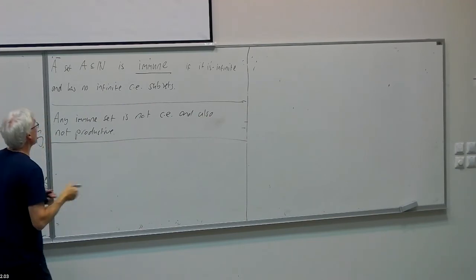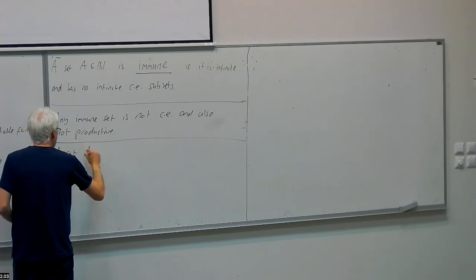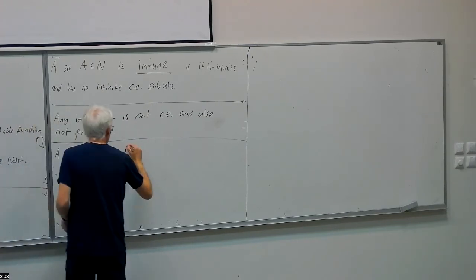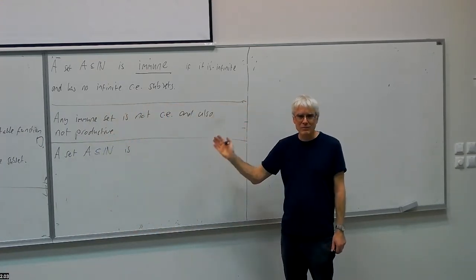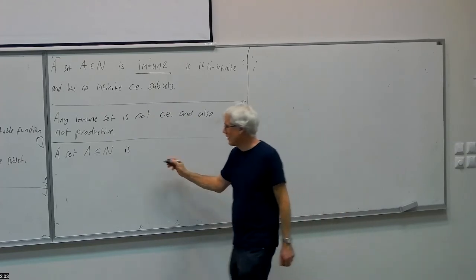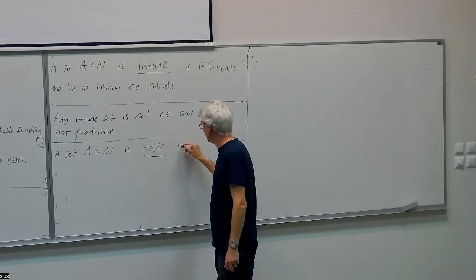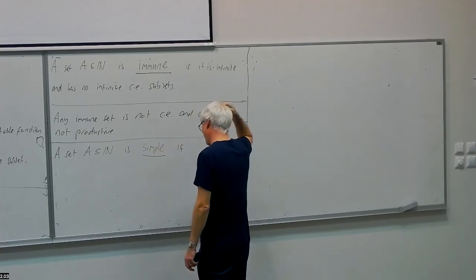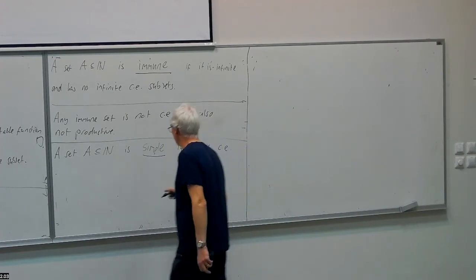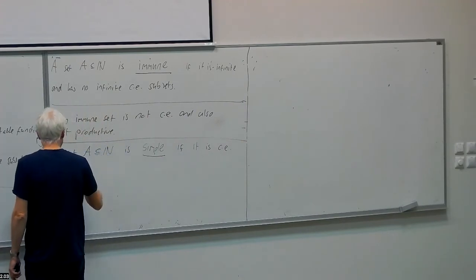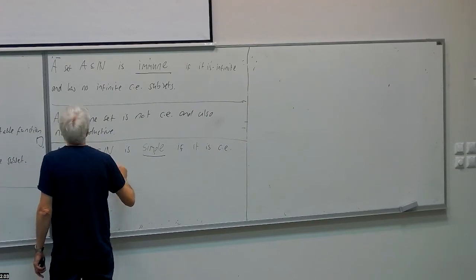So again, such sets are going to have names. So a set A of natural numbers is, and I don't know where these names come from, this was the worst choice of name ever, simple if it is C.E., and its complement is immune.